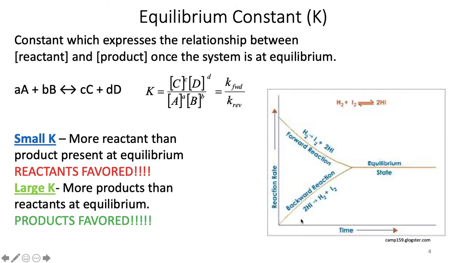It will become constant. It doesn't really matter if I even start with the backward reaction. This will increase, so this is my forward rate. This will decrease. My backward or reverse rate will increase until they both hit one constant value, and this is my equilibrium state.